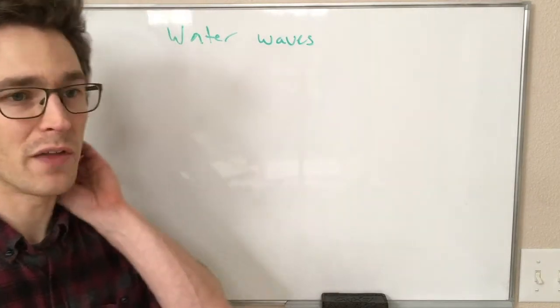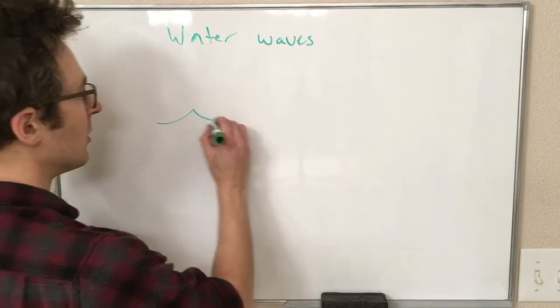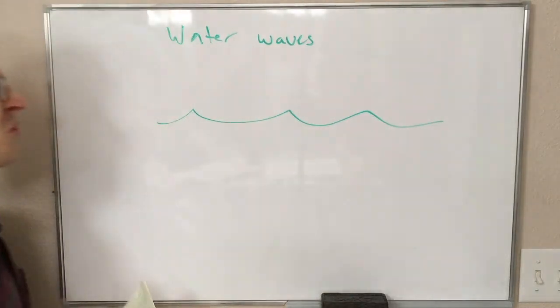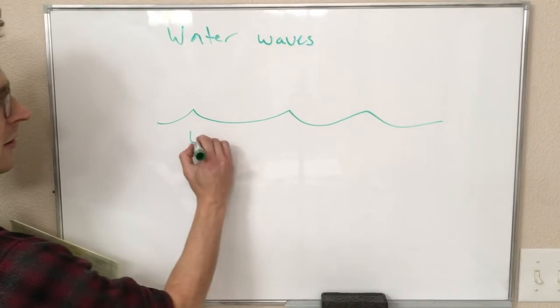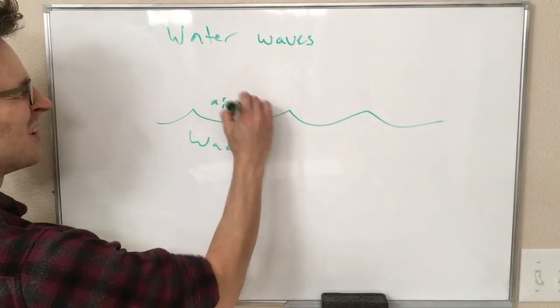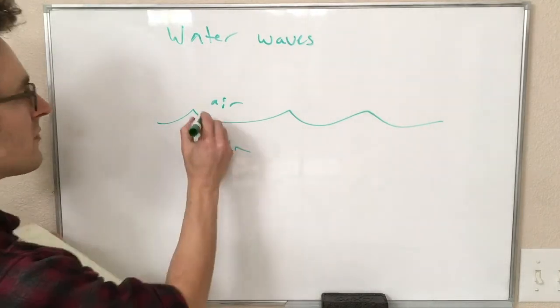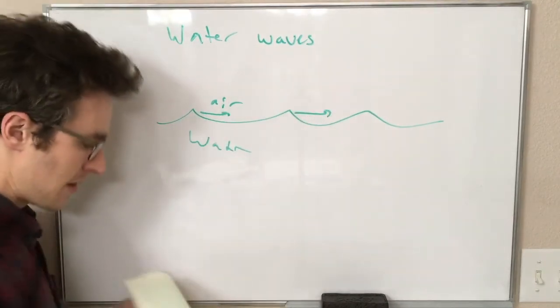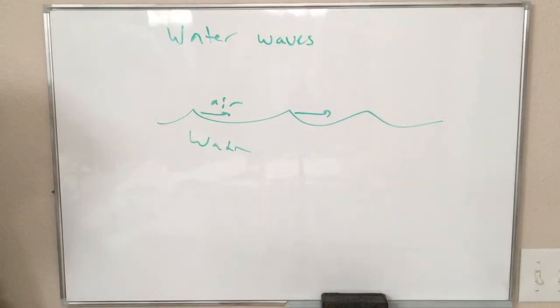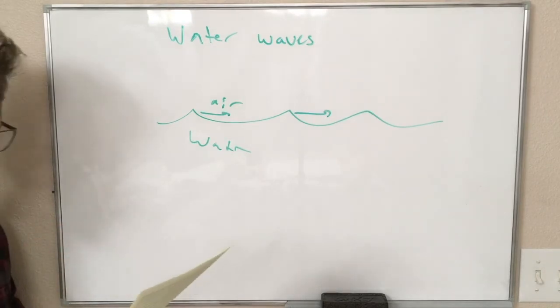We also can have waves on the surface of water, which is what we're used to when we think about waves in water. So like down here, this is the water, this is the air. So these waves moving on the surface, these have some properties that are a little different than other kinds of waves we look at.